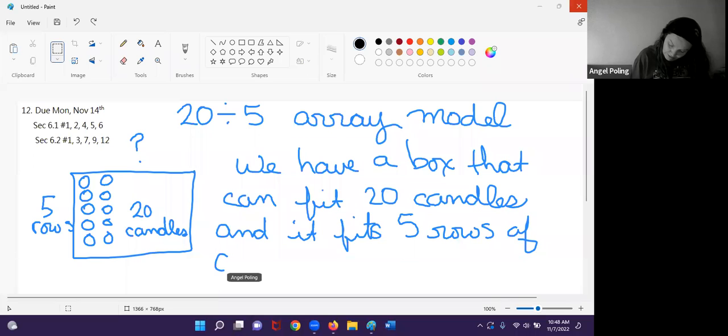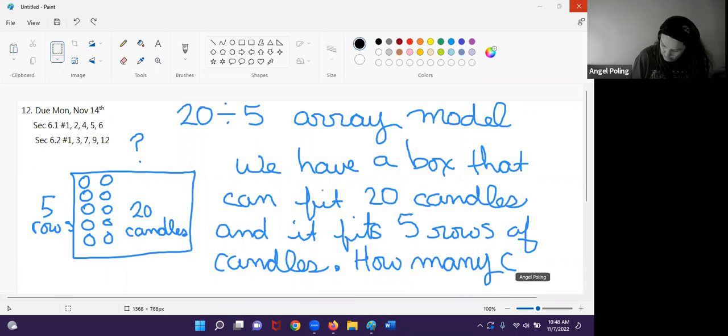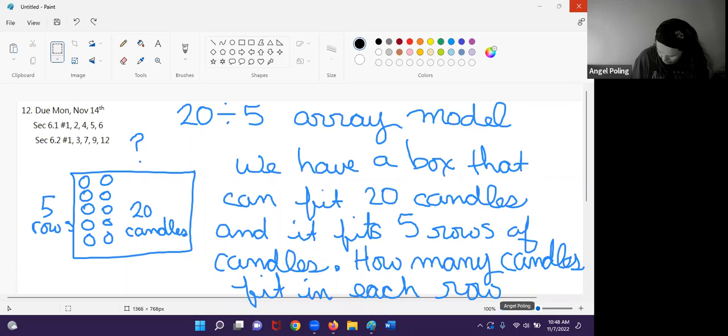That's the number of groups. So you're asking them how many items go in a group, right? How many candles fit in each row? Question mark.